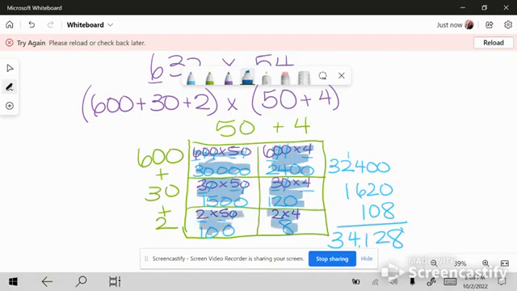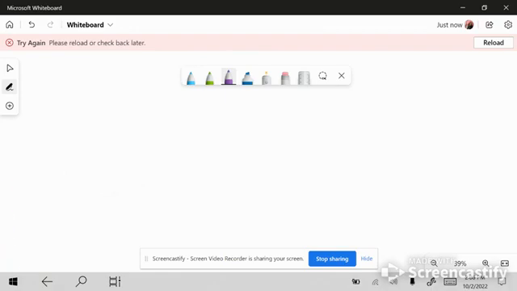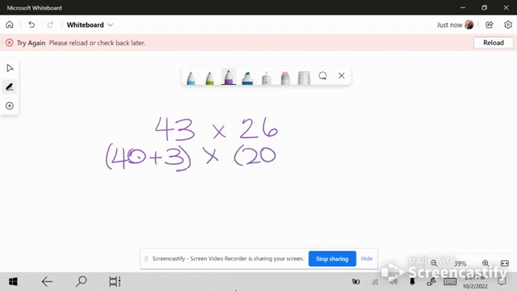Let's go ahead and do a 2-digit by 2-digit. It is the same. Let's show you one of those real quick though. All right, so if we did 43 times 26, breaking it down into expanded form, 40 plus 3 times 20 plus 6.